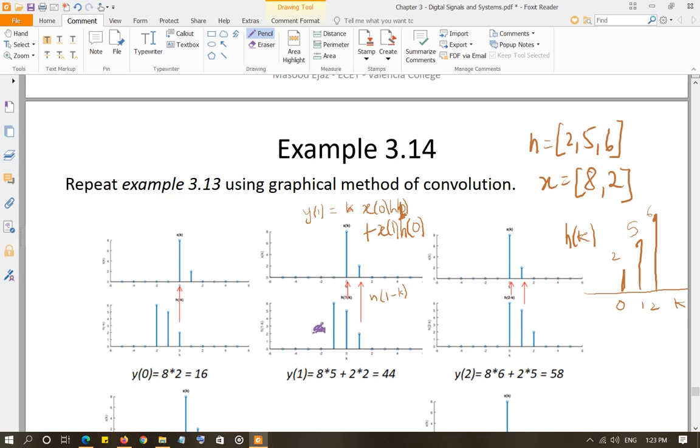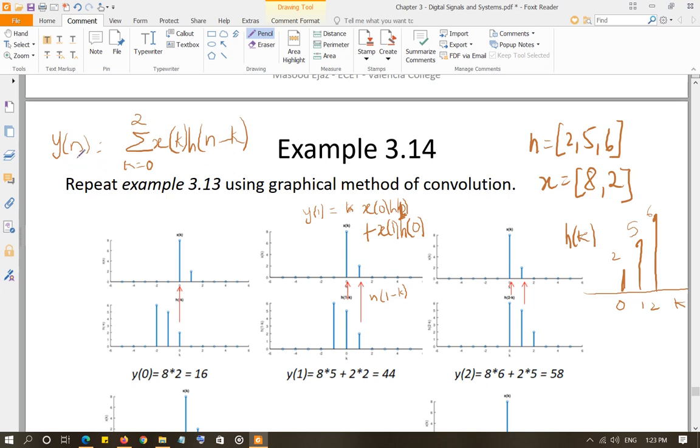Using the formula, that's what will be the expansion of y of 1, using the formula summation k is equal to 0 to 2 of x of k h of n minus k. That was y of n, right?